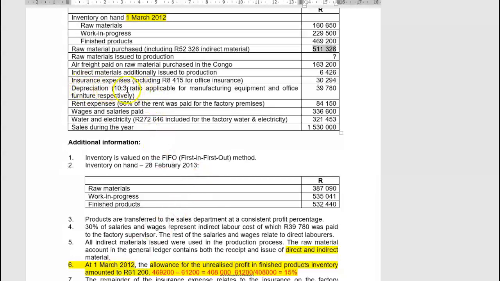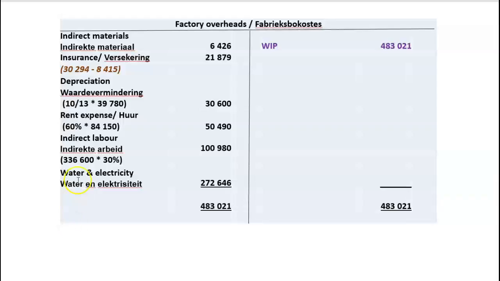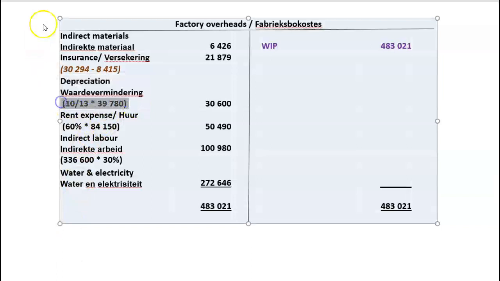They say there's a 10:3 ratio applicable for manufacturing equipment and office furniture respectively. So the total was 39,780. Manufacturing equipment would be 10 divided by 13 of the 39,780, and that is also overhead cost. So 10 divided by 13 multiplied by 39,780 gives us a total of 30,600.